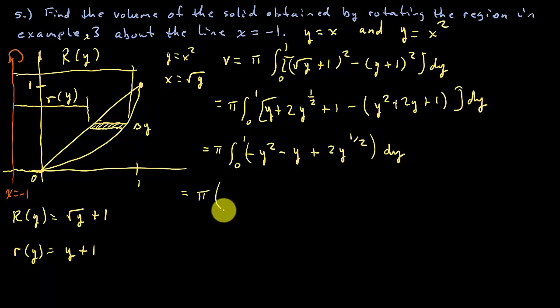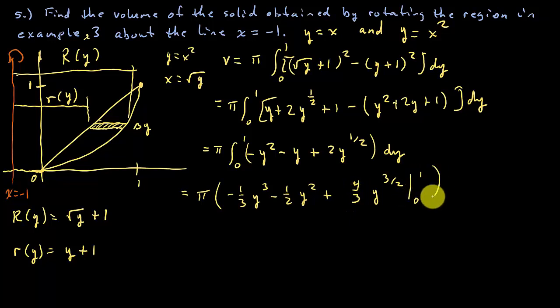And then I'll integrate this. That's going to be pi times negative 1/3 y cubed minus 1/2 y squared plus 2 times y to the 3/2 times the reciprocal, which would be 2/3. If we multiply the 2/3 and the 2, that gives me 4/3, from 0 to 1.